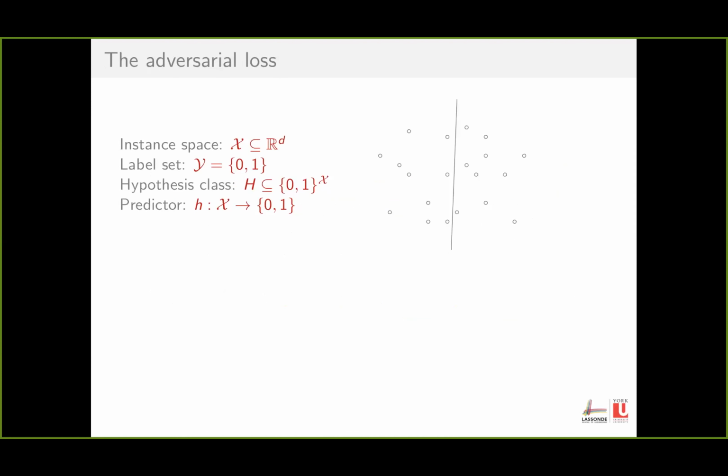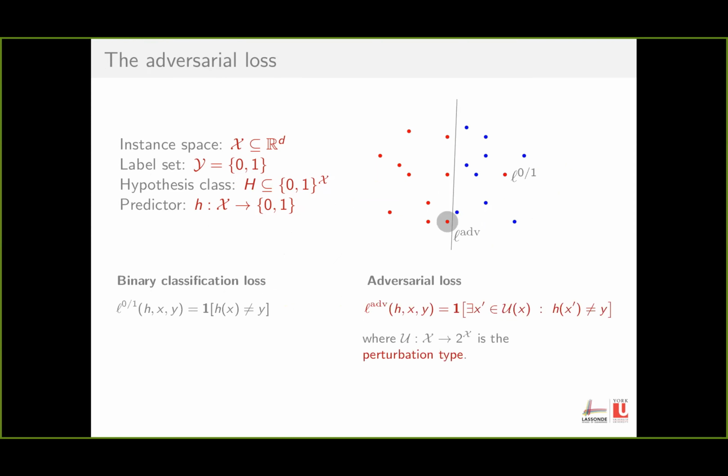So let's briefly look at how the adversarial loss is traditionally modeled. Here we have this binary classification setup. For the binary loss, if an example has a different label than what the classifier assigns, we assign binary classification loss.